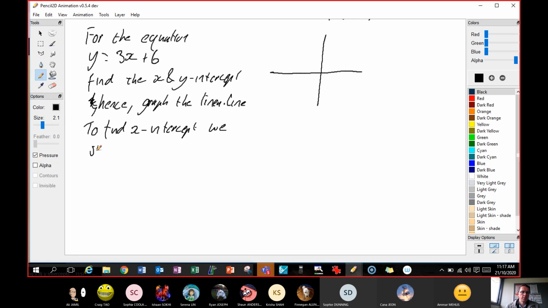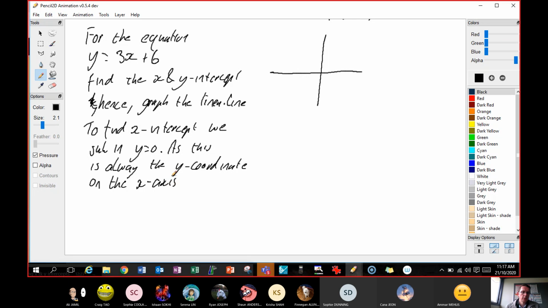We sub in, sub meaning substitute, y equals 0, as this is always, or guaranteed you could say, always the y-coordinate on the x-axis. We always have a y-coordinate of 0, so we sub that in.